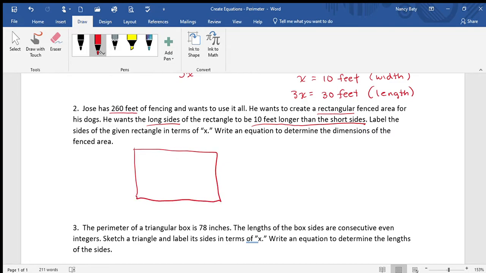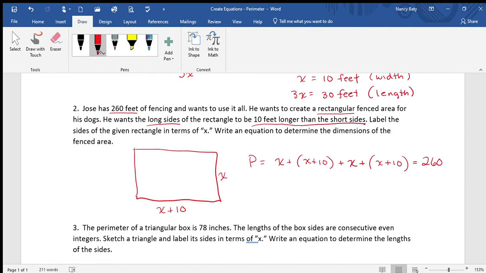Let's see, the long sides are 10 feet longer than the short sides. The fence goes around the perimeter, so we want to add up the 4 sides of the rectangle. And he wants to use all 260 feet of the fencing.